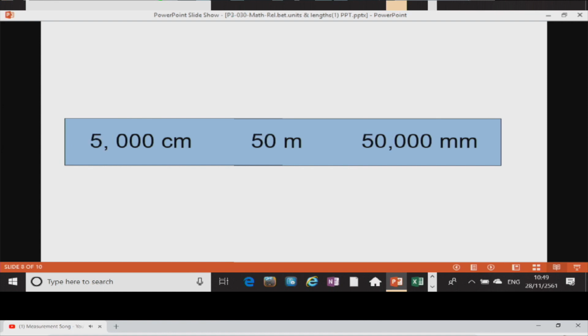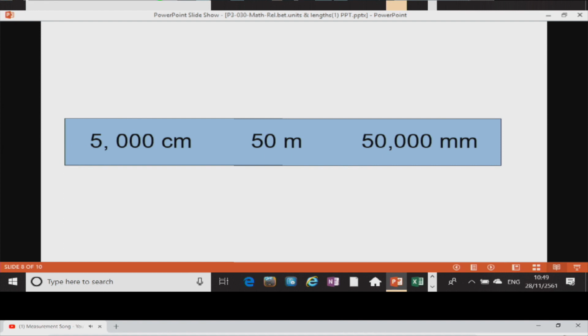How about 5,000 centimeters? 5,000 centimeters. How many meters? 50 meters. So they're the same, yeah? So 5,000 centimeters and 50 meters, and 50,000 millimeters.